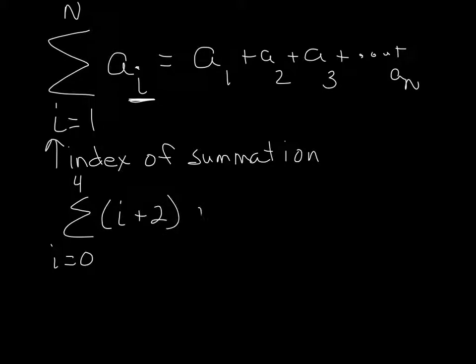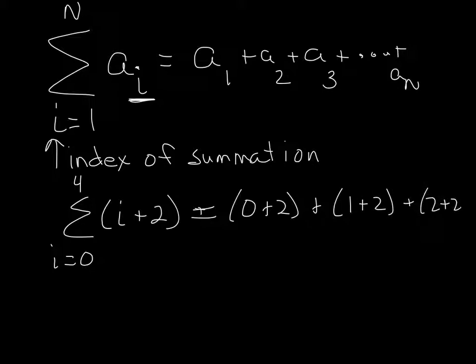That means we're going to have 0 plus 2, plus 1 plus 2, plus 2 plus 2, plus 3 plus 2, plus 4 plus 2. So we could do that one pretty easy. We've got 2 plus 3 is 5, plus 4 is 9, plus 5 is 13, plus 6 is 19. So we could calculate that one without too much trouble.